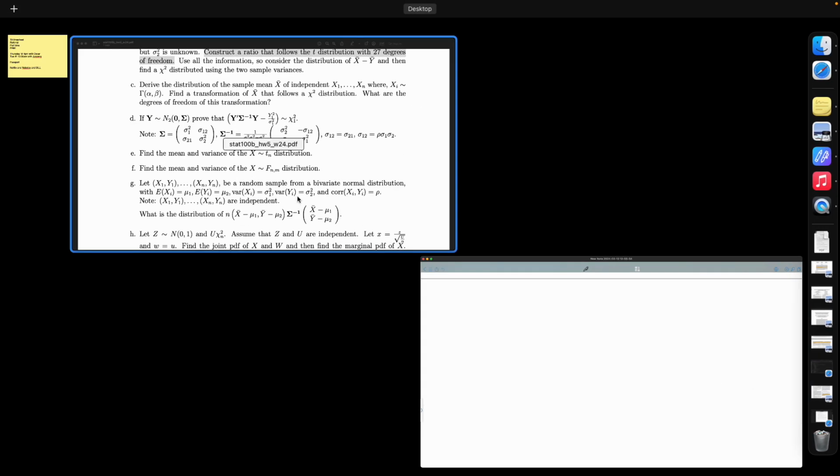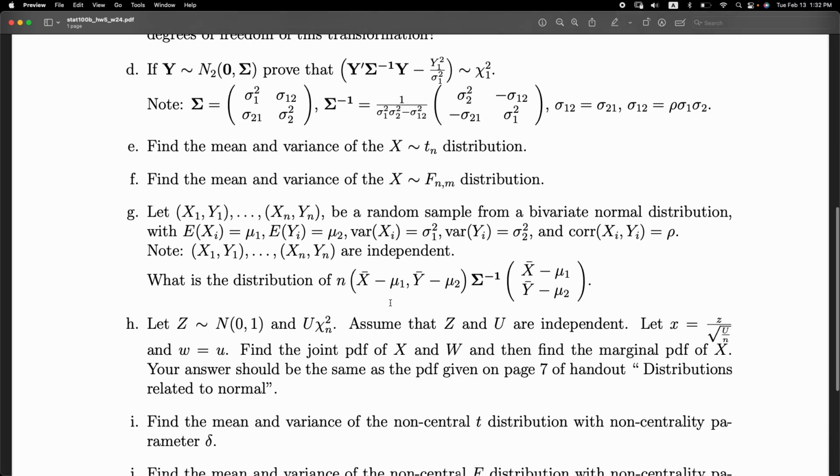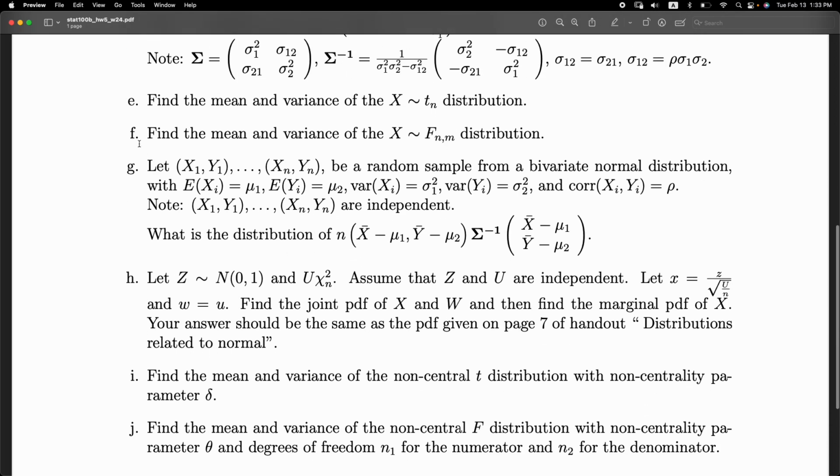Okay. Next, let's talk about question F. Lots of things are similar here, because the F distribution is just another transformation from the T distribution. So you will see lots of similar procedures here.